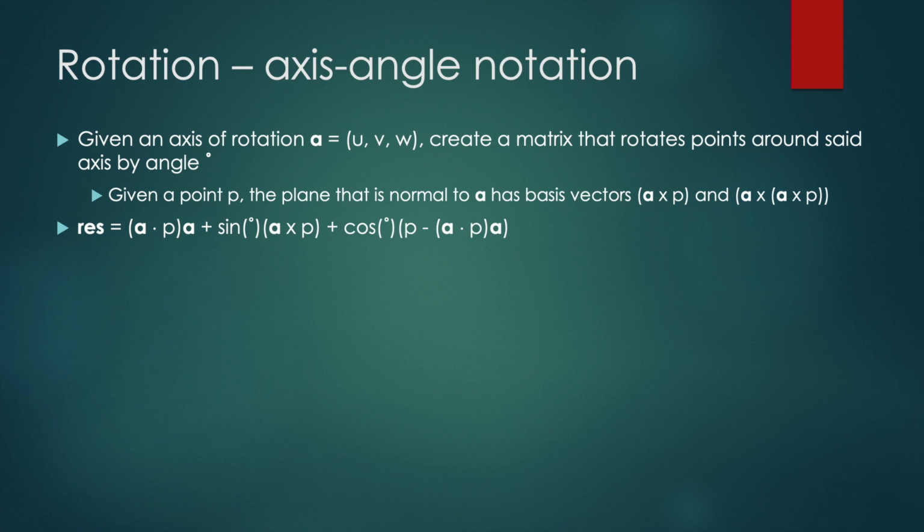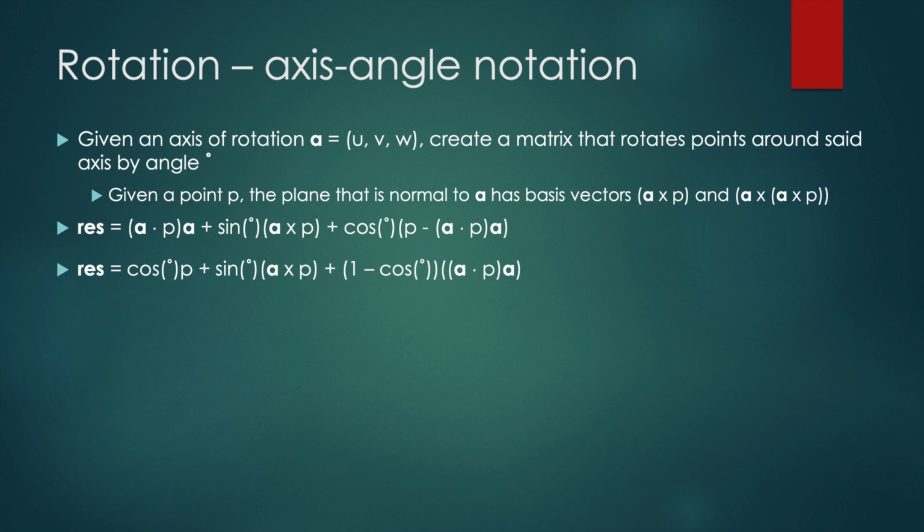We can represent this equation as the projection of P on A, which is A times A dot P, plus the rotation component in the first basis vector in the plane of rotation, which is sine of your angle times A cross P, and then plus the rotation component in the second basis vector of the plane of rotation, which is P minus the projection of P on A.